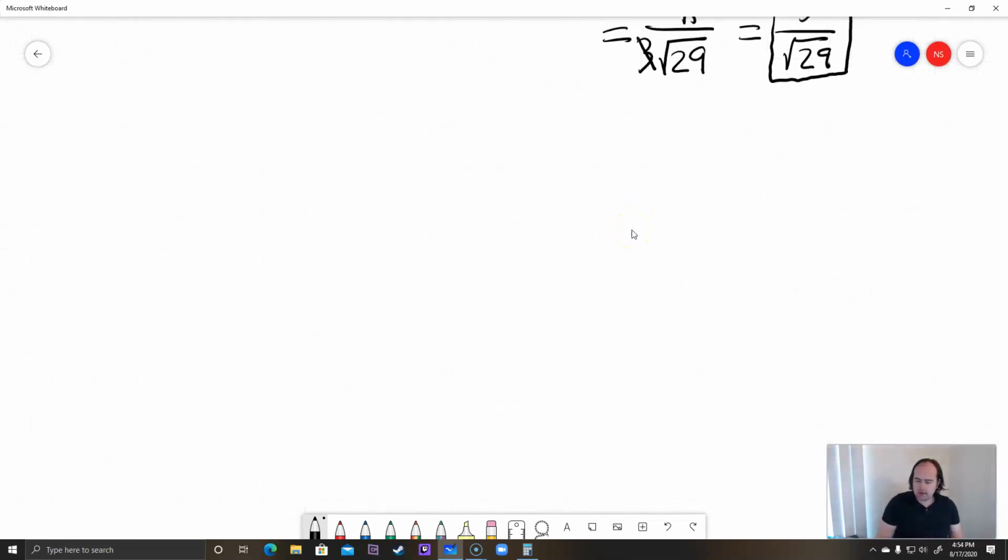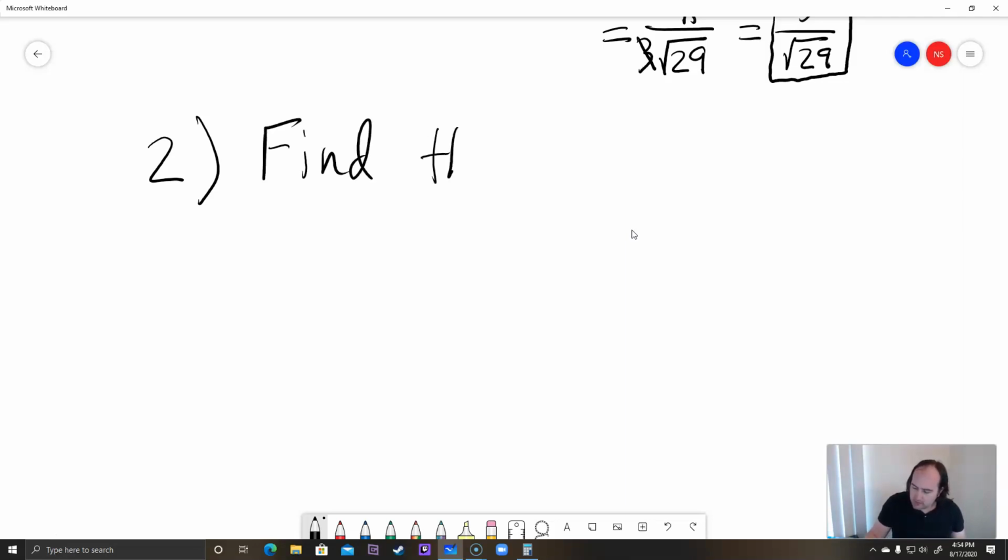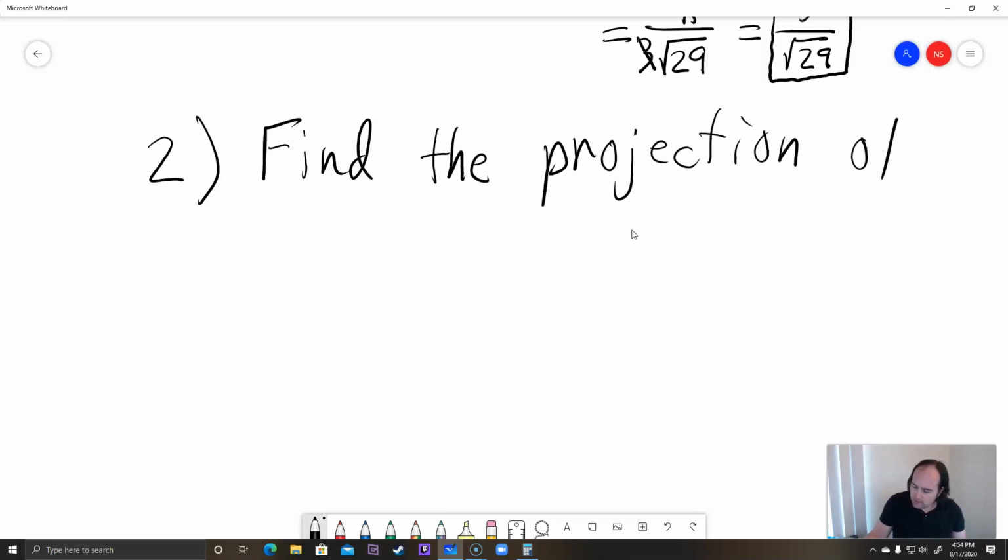Okay, so part 2 of our example. They want us to find the projection of vector u onto vector v.